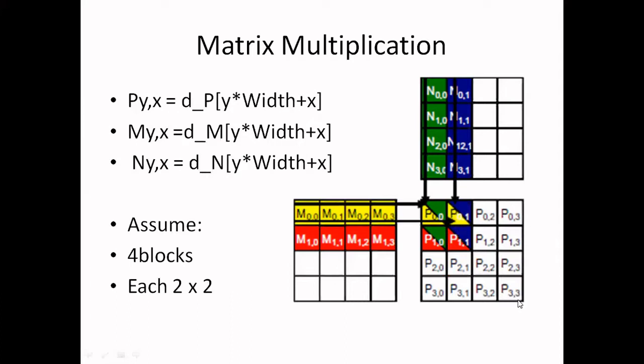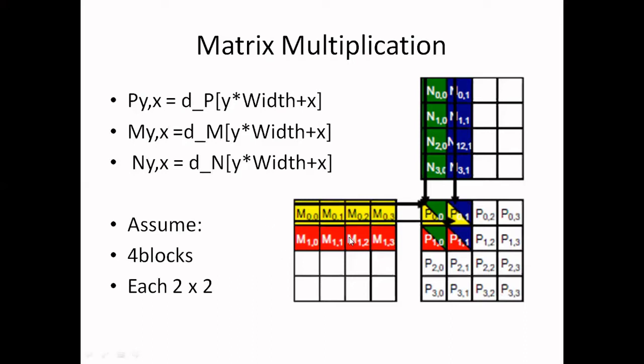Let us assume we have divided our whole matrix into multiple blocks. Let us assume we have 4 blocks here, each block of size 2 cross 2. So in each block we will have 4 threads.